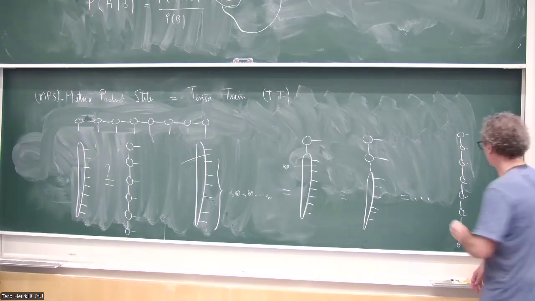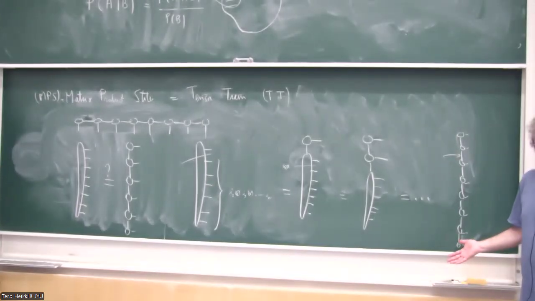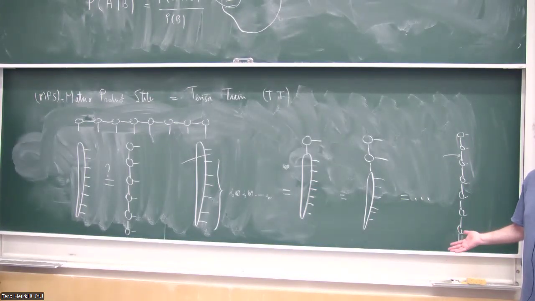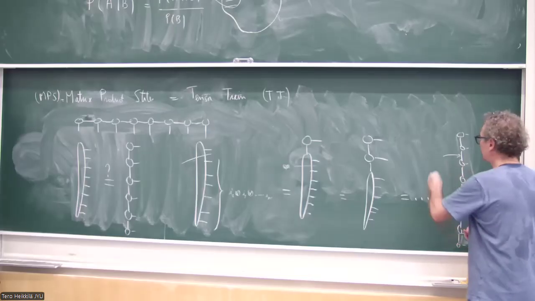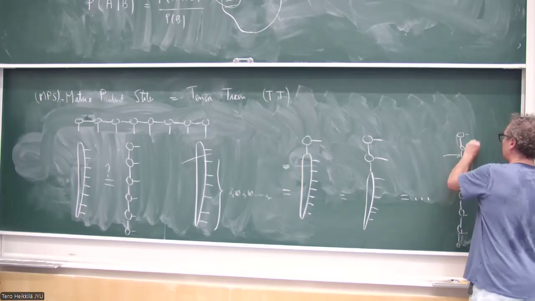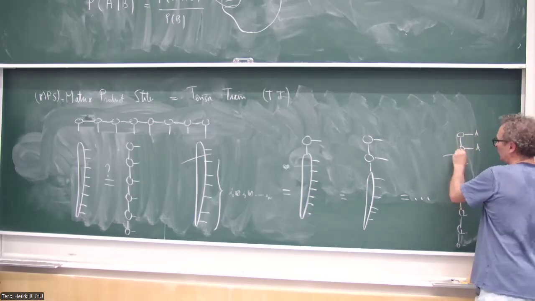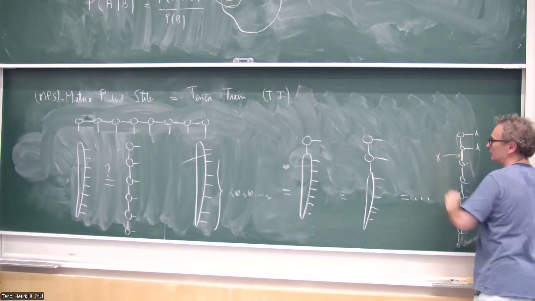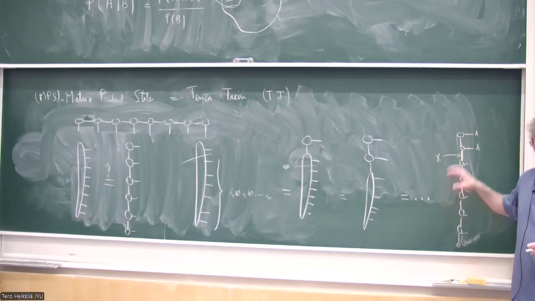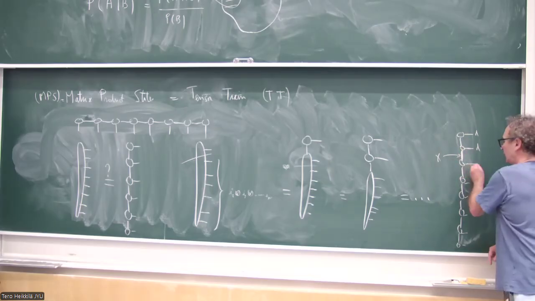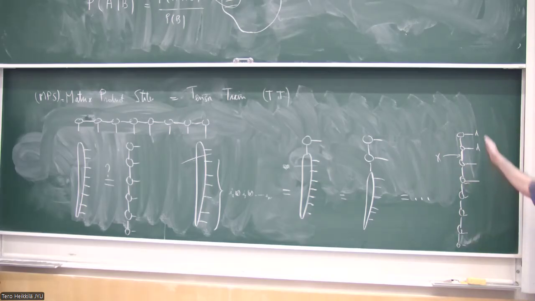Of course, the question is, what is the size of this index? If it's huge, then I didn't gain anything. If it's small, then I have a super efficient way of writing things. This we call the bond dimension. Earlier I called this one D, and here we call it chi for the MPS. It's called the bond dimension or the virtual dimension. These ones we call the physical indices, the physical dimension, and the bond dimension, the virtual one.